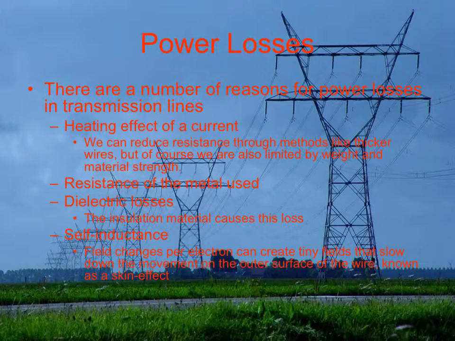And then the other part is there are actually small fields that get generated within the wires from the electrons. You have these electrons moving through the wire, and they create magnetic fields, and those magnetic fields interact and interfere and actually slow each other down as it moves along the edges of the actual conducting wire.